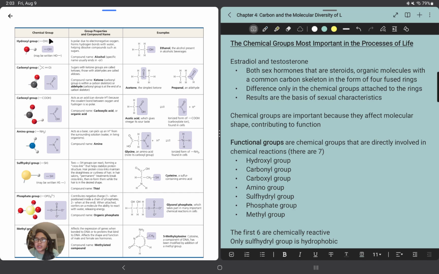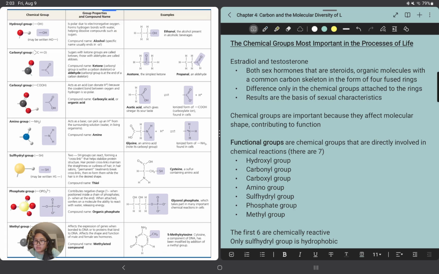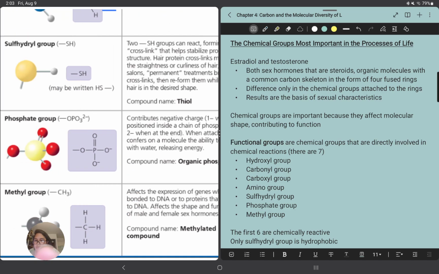We have the hydroxyl group, OH, carbonyl group, carbon double bonded to oxygen, carboxyl group, carbon, oxygen, and hydroxide, I believe, NH2 for the amino group, sulfhydryl group, SH, phosphate group, OPO32, and methyl group, CH3.